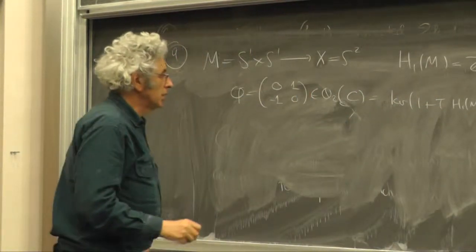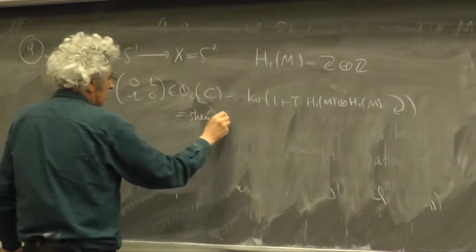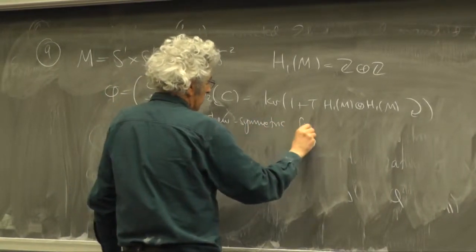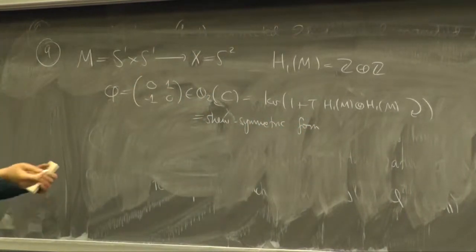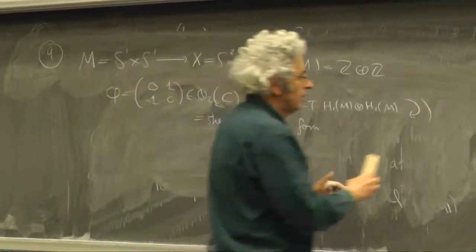Here we have a skew-symmetric form, because that's the intersection form of the torus. I can somehow see this directly.